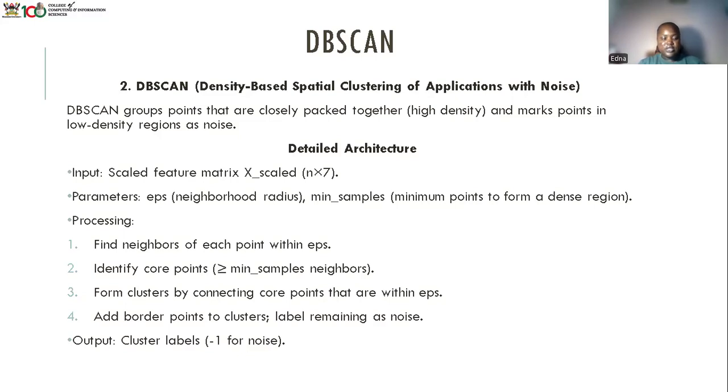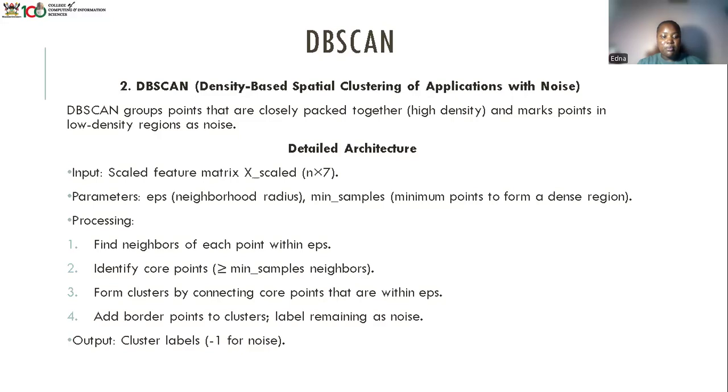For the architecture, our input is still X-scaled, which is the scaled feature matrix, and our key parameters are the neighborhood radius, eps, as well as min_samples, which is the minimum number of neighbors required for a dense region. For processing, we find neighbors of each point within the neighborhood radius.